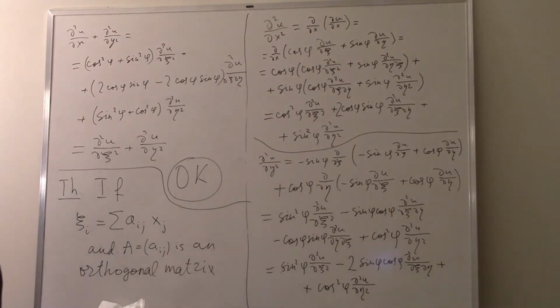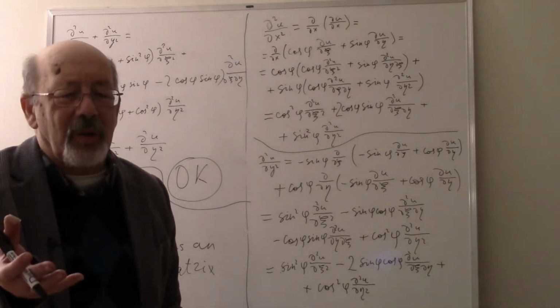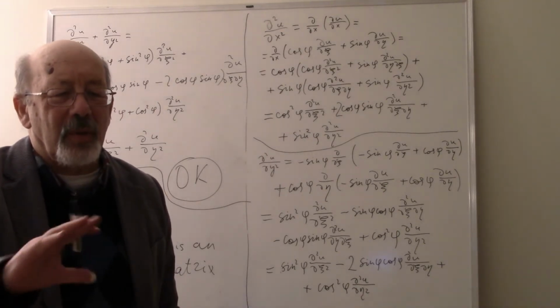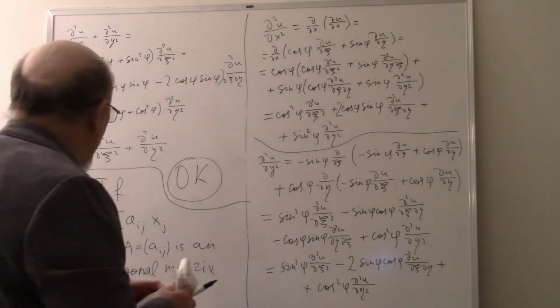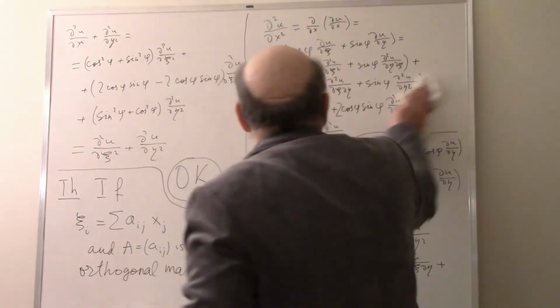Orthogonal matrix is a matrix of rotation, which does not change the length of vectors.